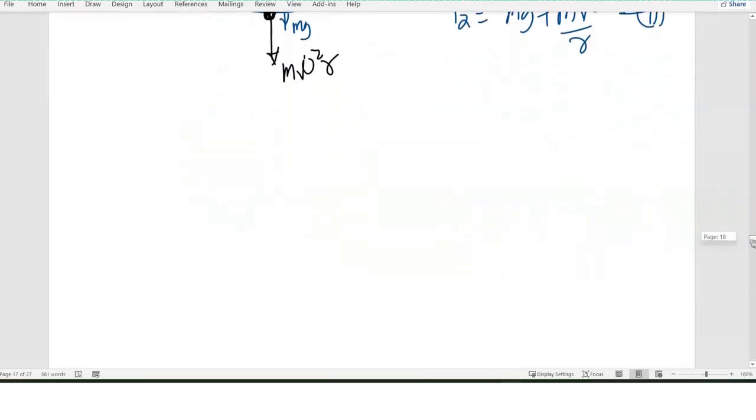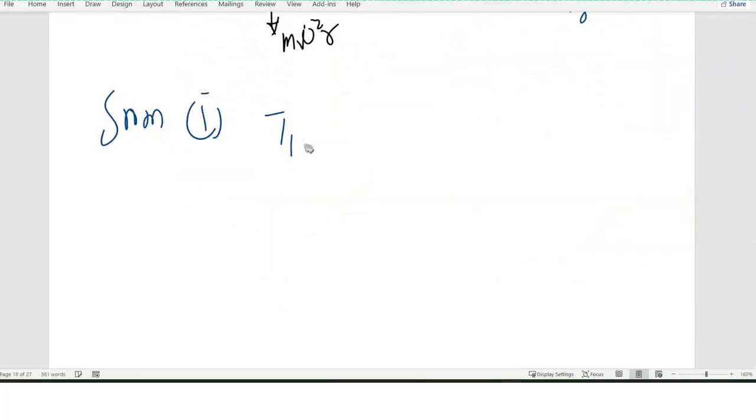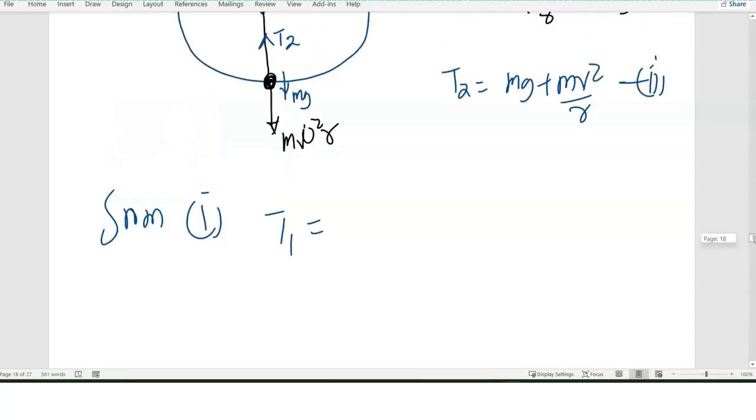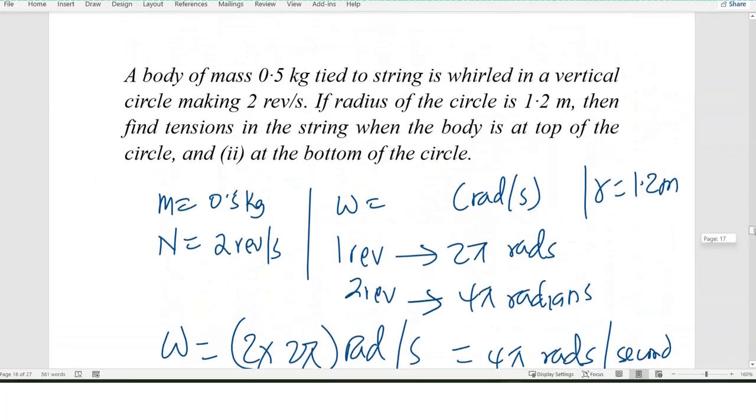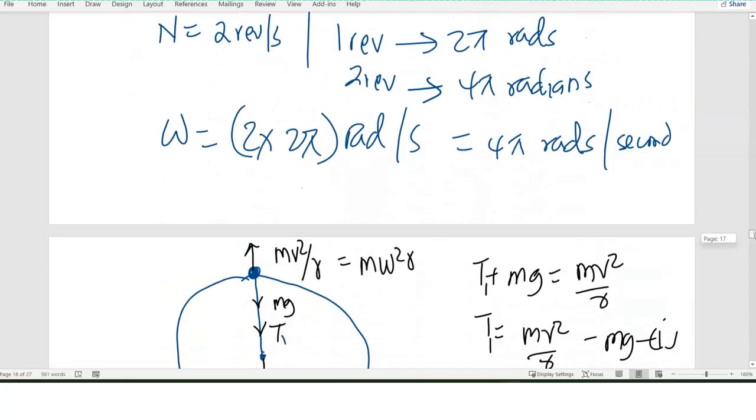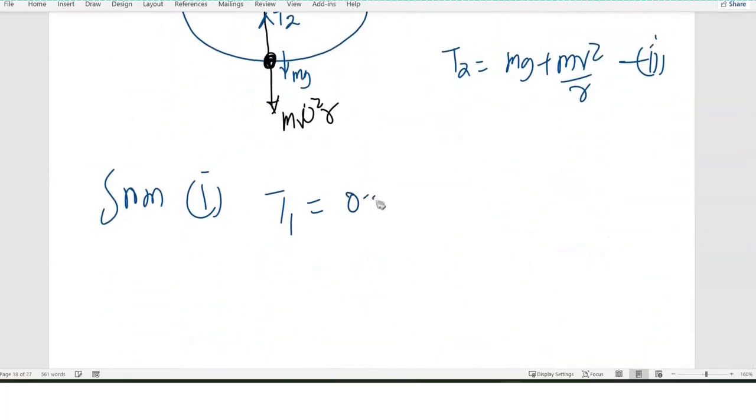So from 1, T1, or the tension when it is at the top, is going to be, mass is already seen as 0.5, we multiply by omega squared, which is 4 pi squared, times r, which is 1.2. So we have 0.5 times 4 pi squared times 1.2. So this gives us 94.748, and this is actually minus 0.5 times 9.81.